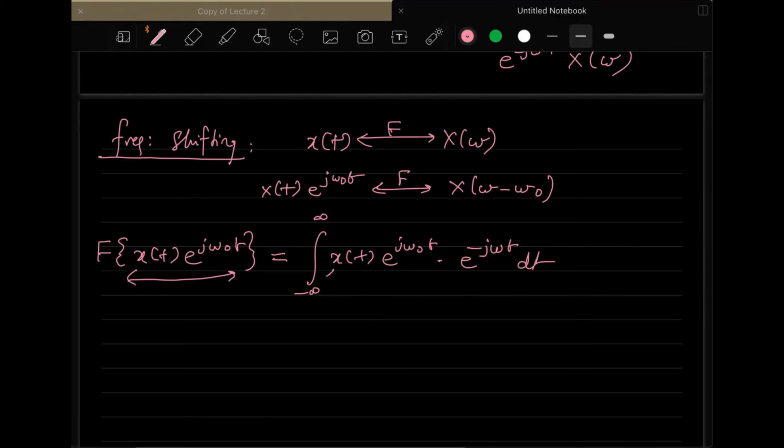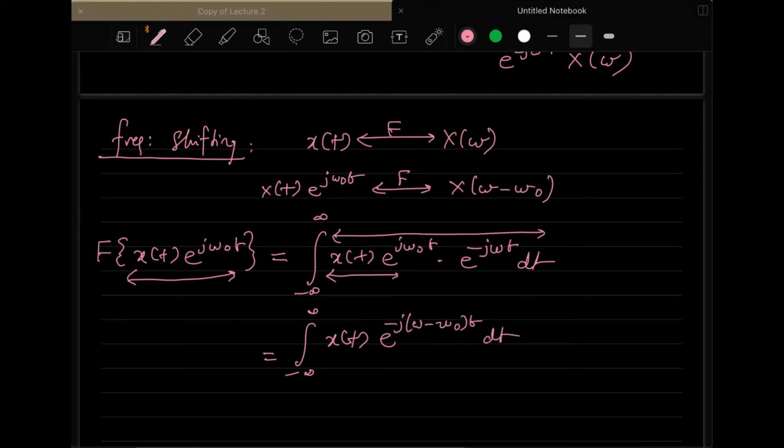This is the signal, and this is the complete definition of the Fourier transform. Once you have this, you can take the exponential term common, and what you will get here is e to the power minus j (omega minus omega naught) t dt.